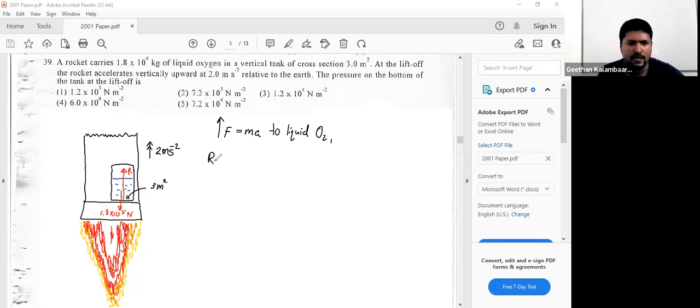So the upward force is R minus the downward force, which is its weight, 1.8 into 10 to the power 5, equals 1.8 into 10 to the power 4 into 2.